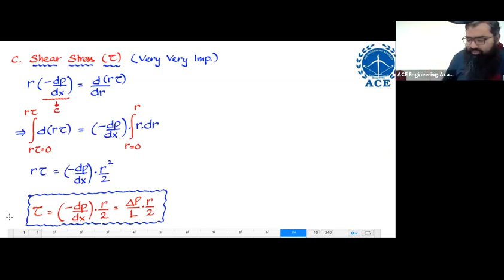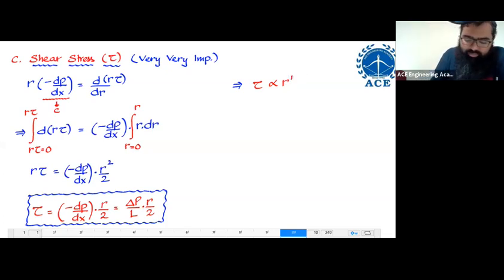Now please observe, minus dp by dx is constant, 2 is a constant over here. If both these things are constant, from here I can imply that my shear stress is proportional to R power 1.